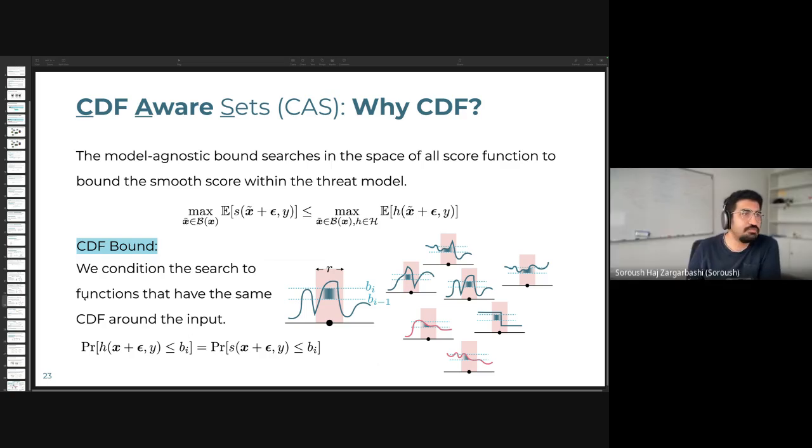I'm quite sure the method works regardless of whether you use split conformal prediction or full conformal prediction.